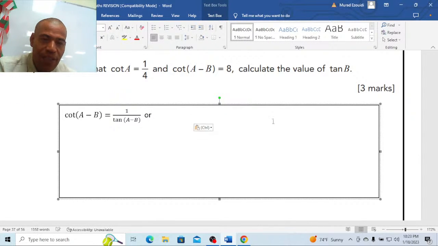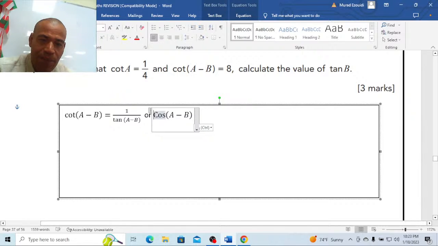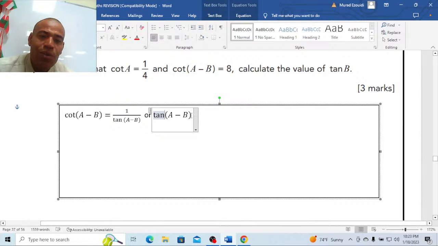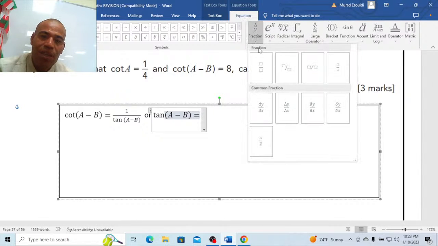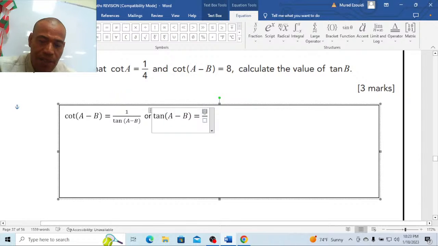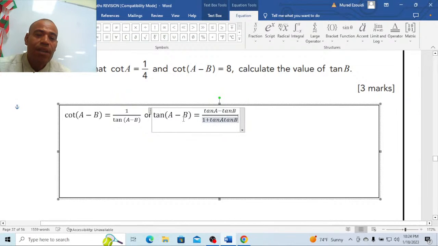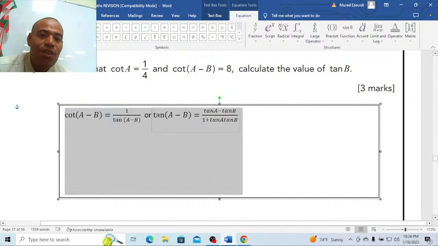We have tangent of A minus B equal to a fraction: tan A minus tan B, the tangent of angle B, divided by 1 plus tan A tan B. This is exactly the tangent of A minus B.